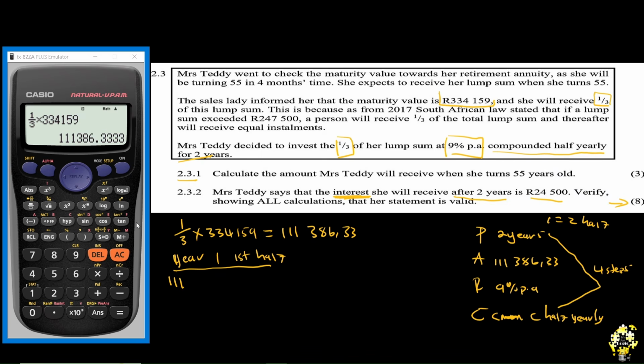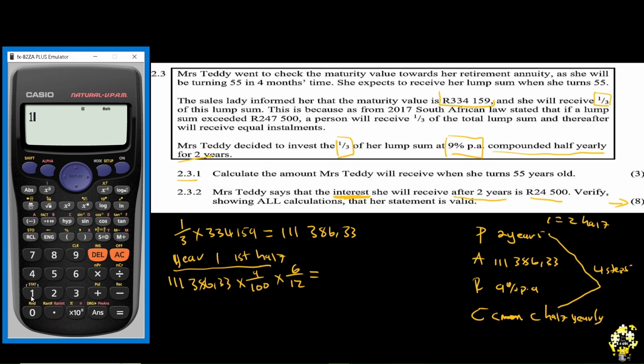It's still principal, 111,386.33. What do we do to it? We multiply it by the interest rate, and then we multiply it by the time. It's half yearly, so it's 6/12. You remember that now? It's 6/12. What do we get? So let's just say, okay, it's not rounded off.